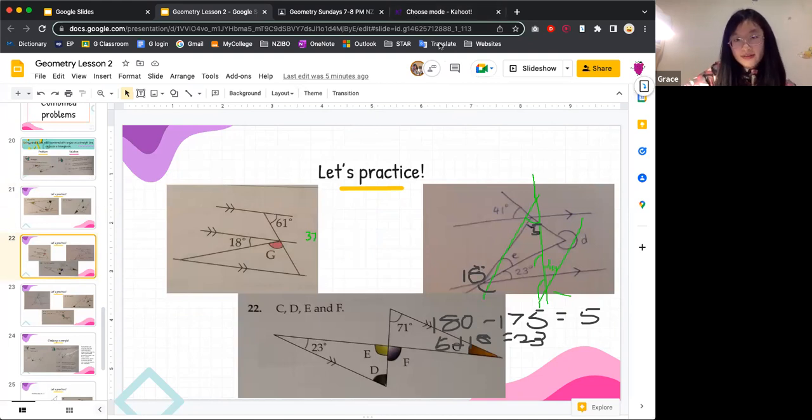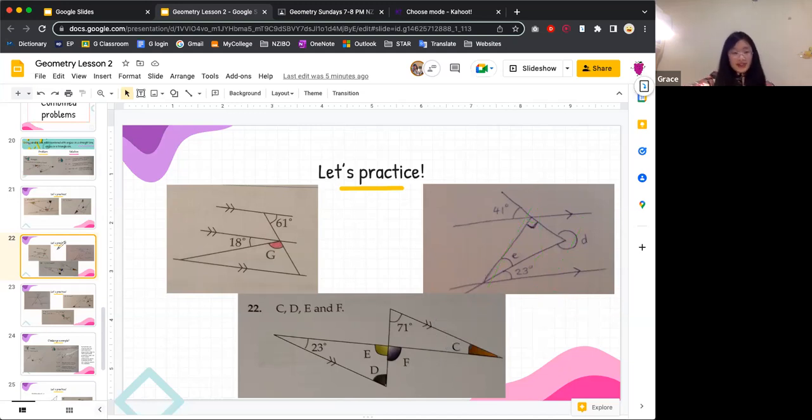I'll just clear the. All right, some more problems. These ones might be a little trickier because you might need more than one step to work out each of the angles. 101.